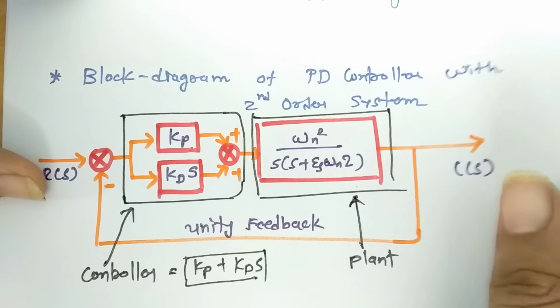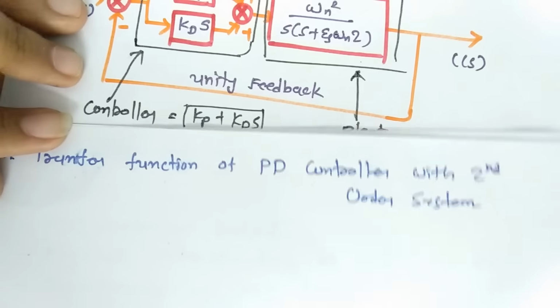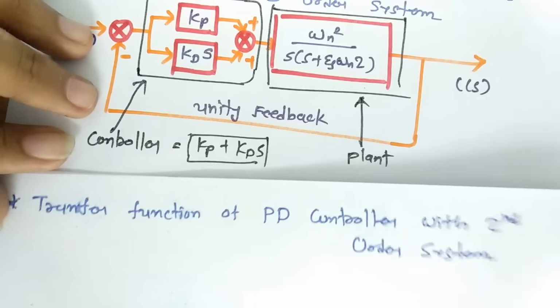Now I'll explain the transfer function of this unity gain feedback system, which we can clearly see.